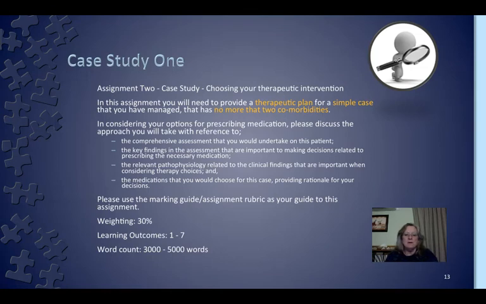Remember, this is a pharmacology assignment, but it draws in your ability to assess your patient, to come up with a diagnostic reasoning, to come up with a diagnosis, and to manage a care plan of pharmacology and drugs based on the information that you know about the drug, you know about the condition, you know about your patient.